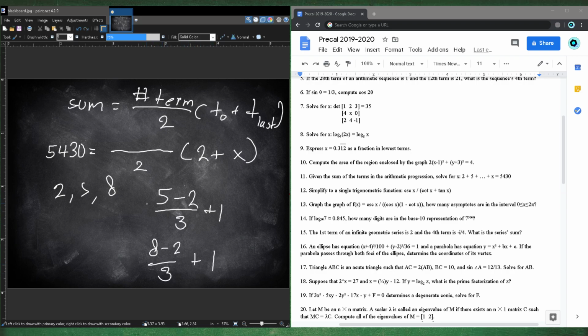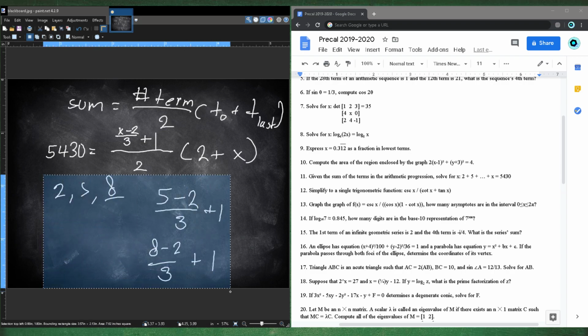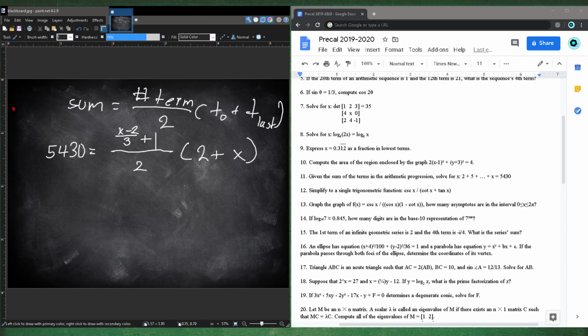So it's just going to be the last term minus the 2, divided by 3, plus 1. So the last term is x, minus 2, divided by 3, plus 1, right? Because the total amount of change divided by the common difference is how much change there is between the terms. So how many steps there are, and then plus 1 gives us the total amount of terms.